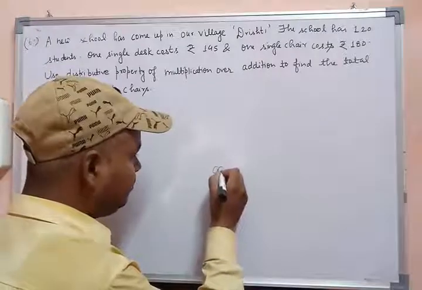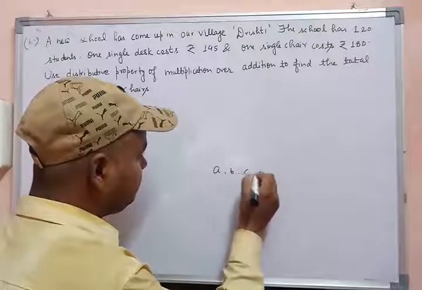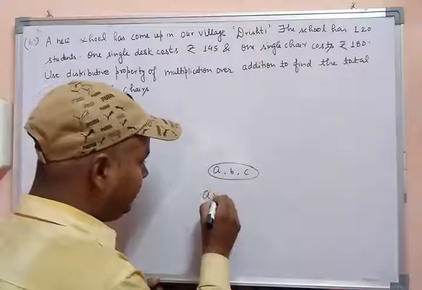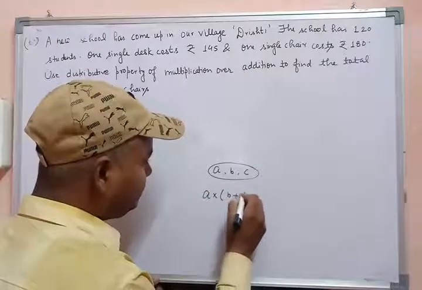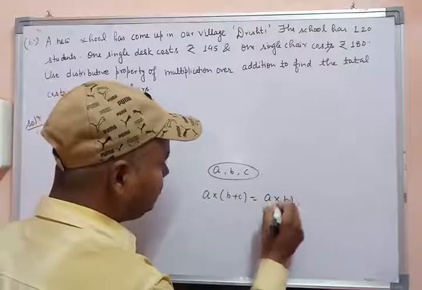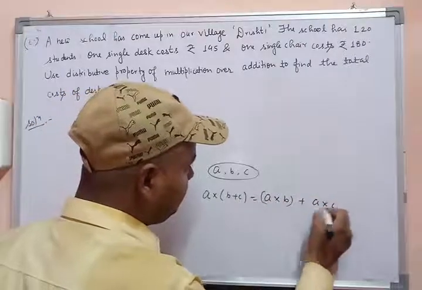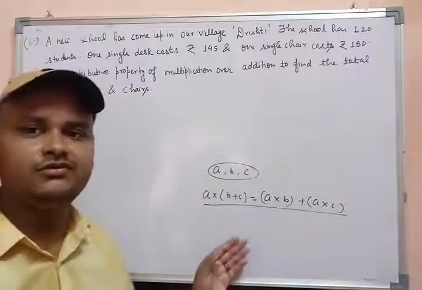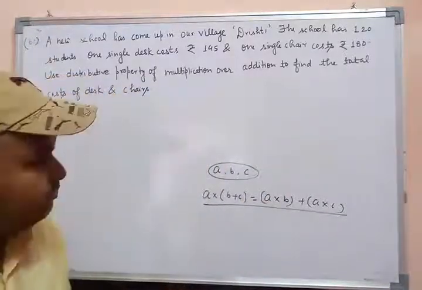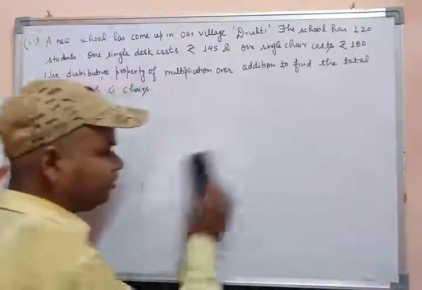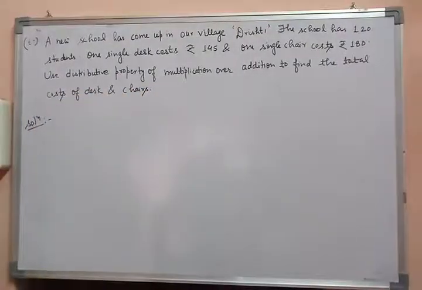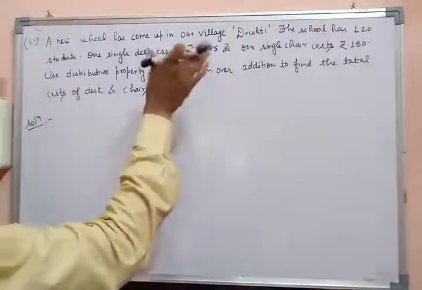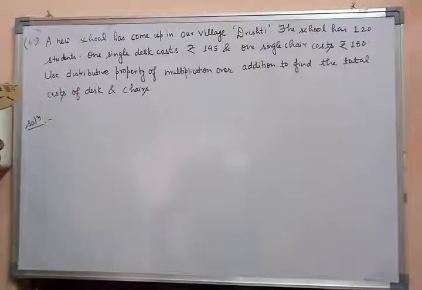If A, B and C are three whole numbers, then A into (B plus C) is equal to A into B plus A into C, and this property is known as the distributive property of multiplication over addition. So we have to use this property for finding the total cost of desk and chair.